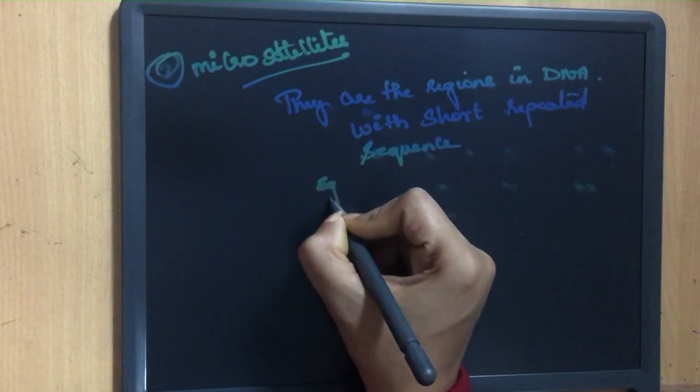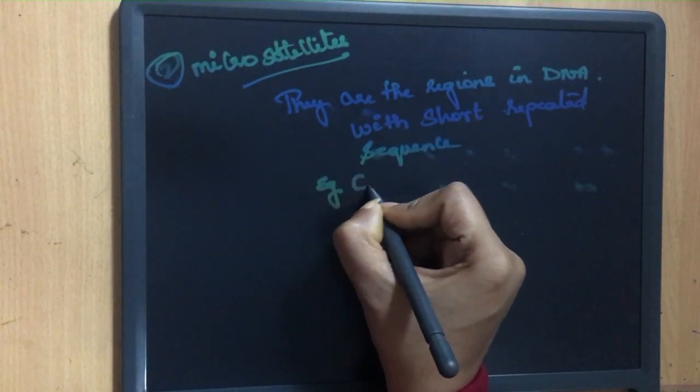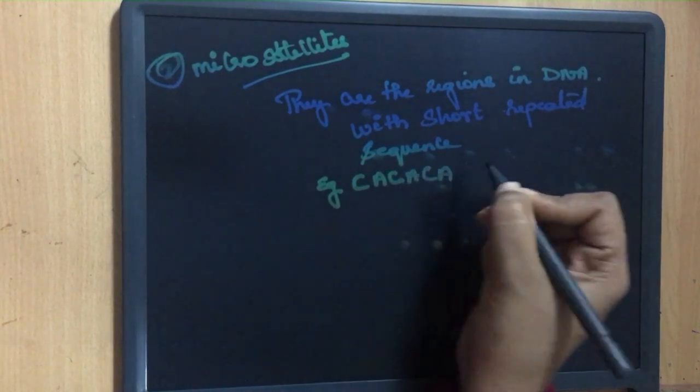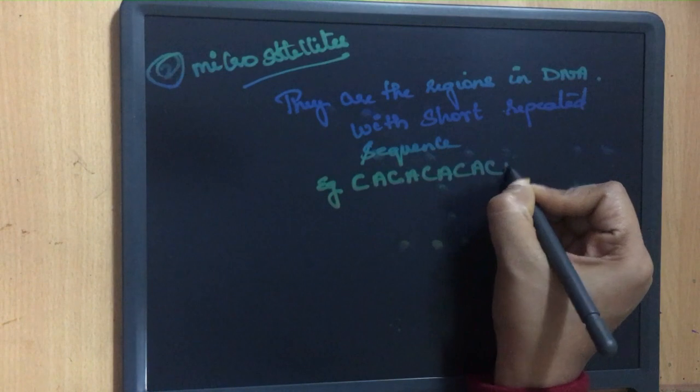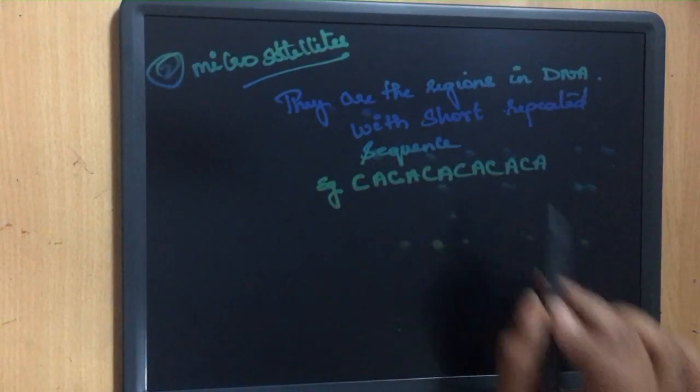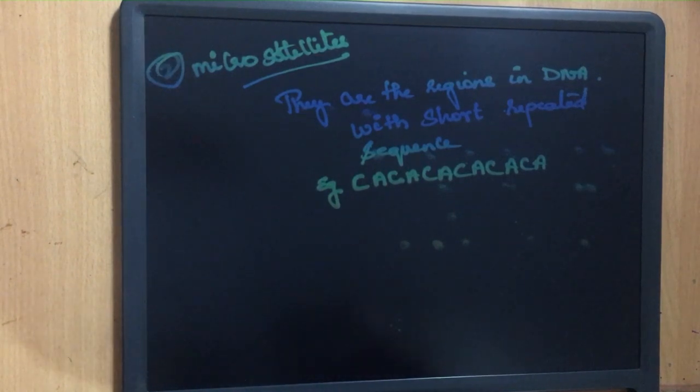For example, it can be CA, CA, CA. What is C? Cytosine. Adenine, cytosine, adenine, cytosine, adenine. Such a short repeated sequence can be called a microsatellite.